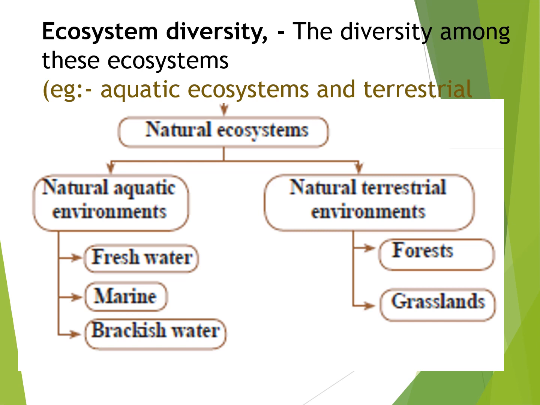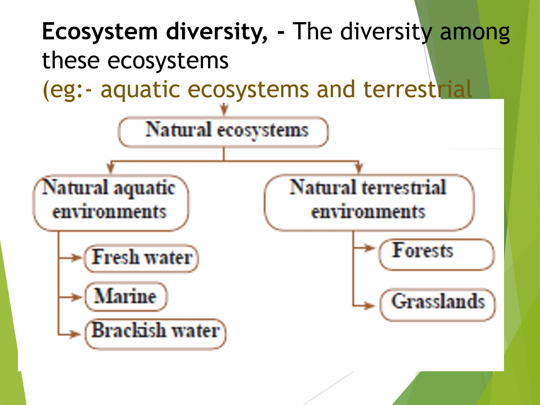Now we are coming to the ecosystem diversity. How can we define it? The diversity among the ecosystems. What are the two main categories? The aquatic ecosystem and the terrestrial ecosystem.